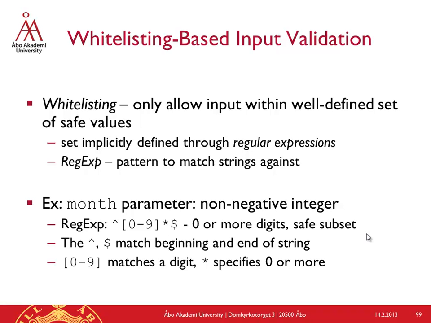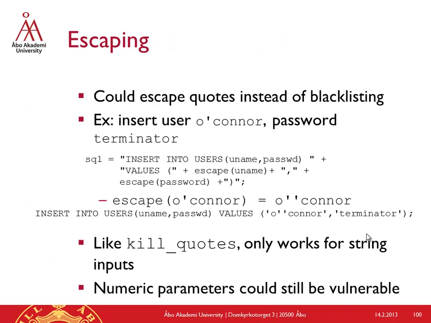So you can check if you expect a particular parameter to be a number or something else. Escaping is also another way to mitigate and prevent this problem, because, for example, it will double these symbols like this, and it will allow us to store this string in our database without a problem.